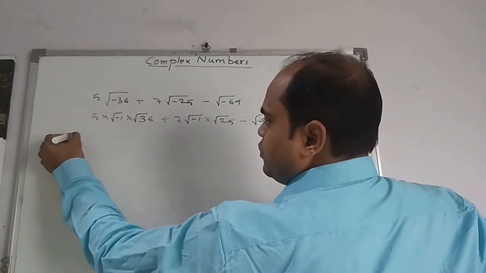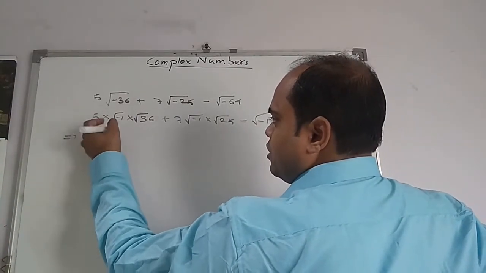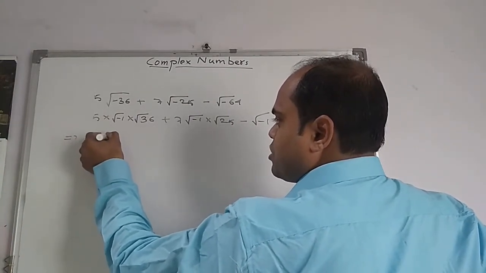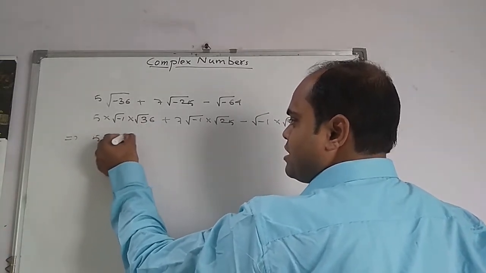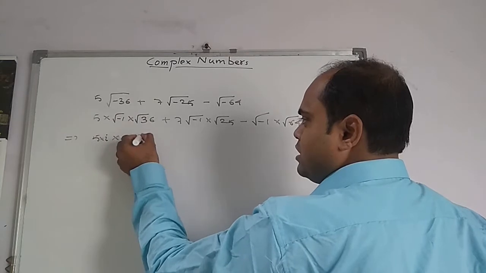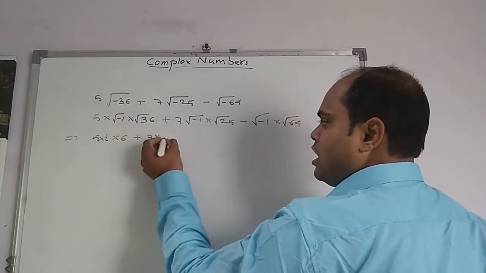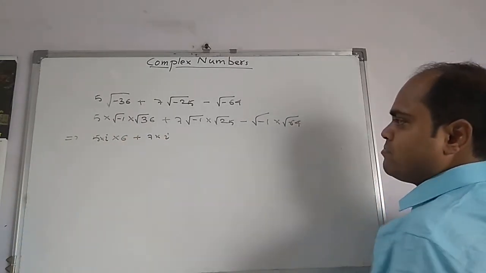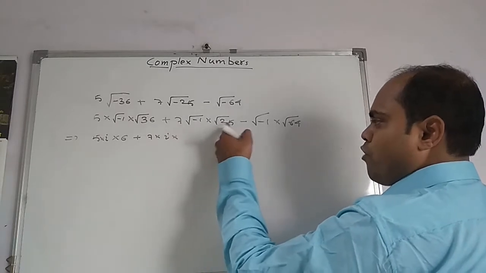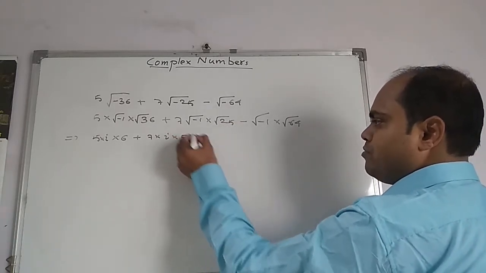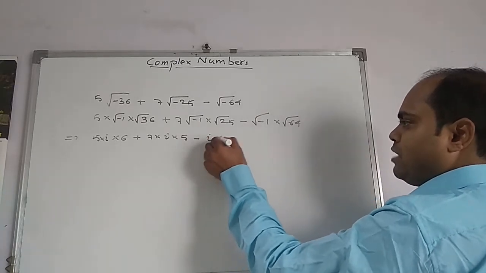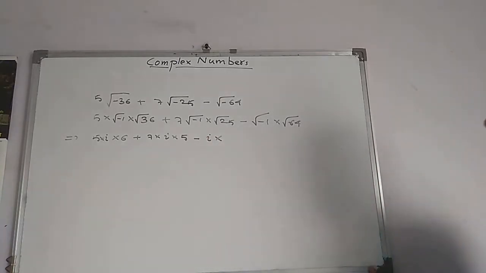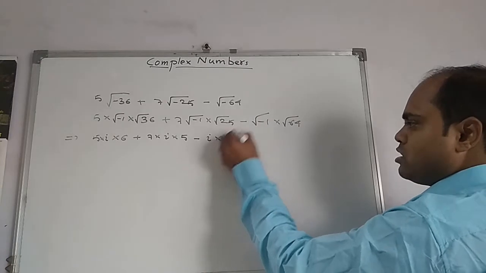So we can write 5 iota multiplied by 6, since square root of 36 is 6, plus 7 multiplied by iota, then multiplied by square root of 25, which is equal to 5, minus iota multiplied by square root of 64, which is equal to 8.